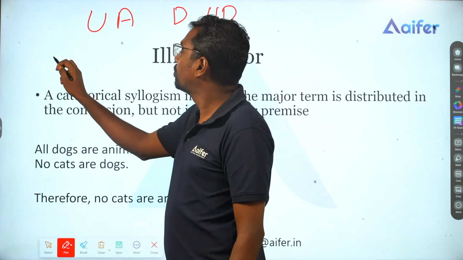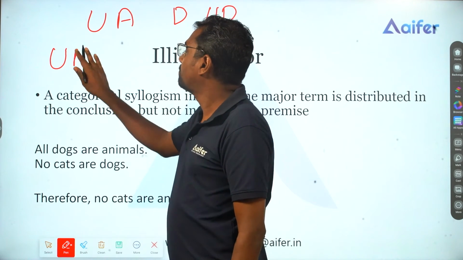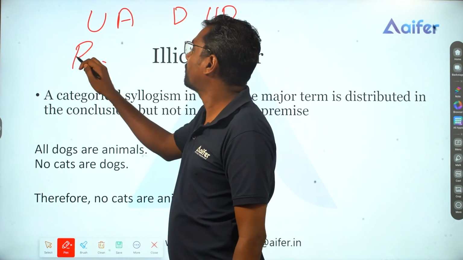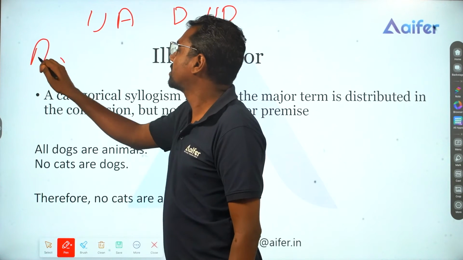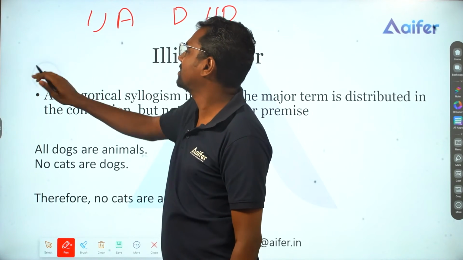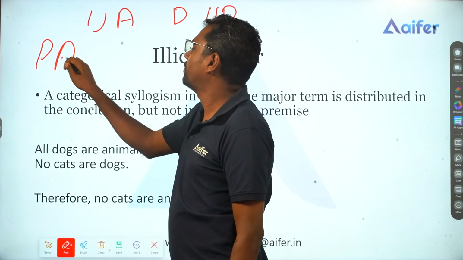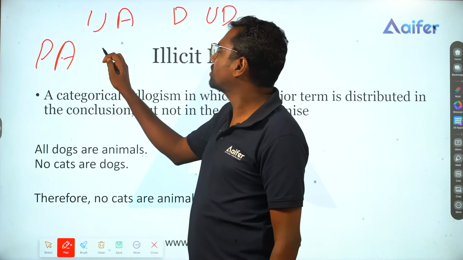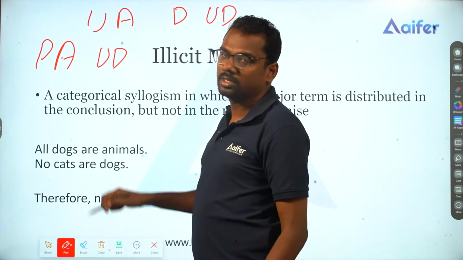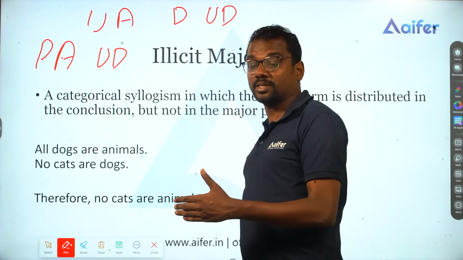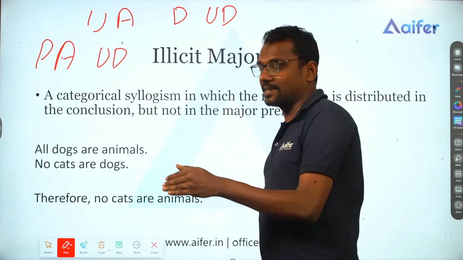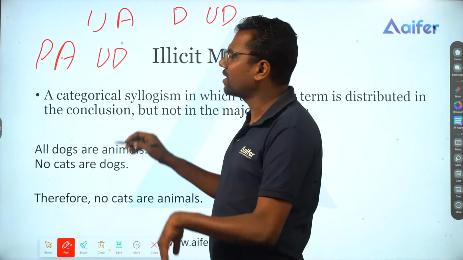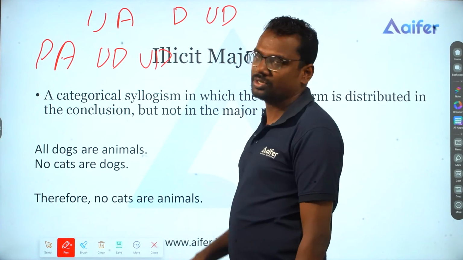When it comes to particular affirmative, that is, some cats are animals, both the subject and predicate are undistributed: some cats, undistributed; animals, also undistributed.